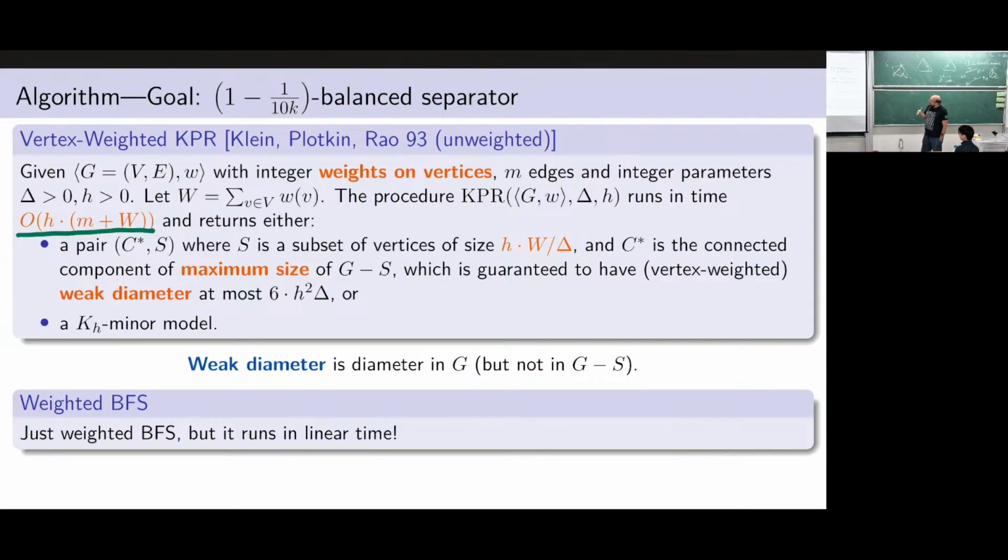So in the algorithm, one thing that I haven't said: at the end we update the weights, and we take care of updating the weights in a way that they don't grow beyond poly h times m.